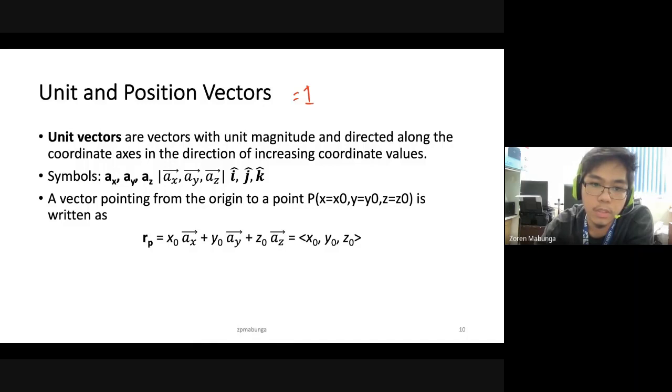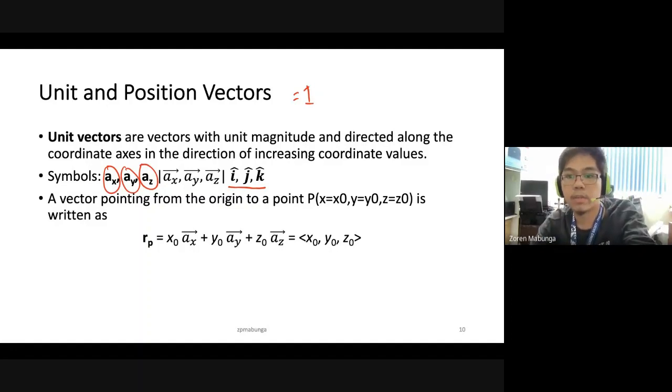So symbols are AX, AY, AZ, or instead na naka-bold, pwede rin may arrow sa taas. Or ito pa yung isang representation ng unit vectors: IJK. Hindi ko lang alam kung na-encounter nyo na to, kasi usually ginagamit to sa physics or mechanics, IJK, to represent vectors.